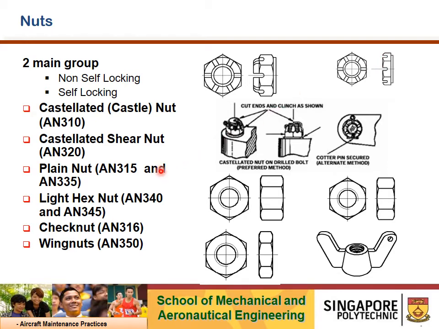As for the plain nut, AN315 and AN335, they are capable of withstanding high tension loading but require an auxiliary locking device such as a check nut, as shown here, AN316 check nut, or safety wire to prevent it from coming loose.